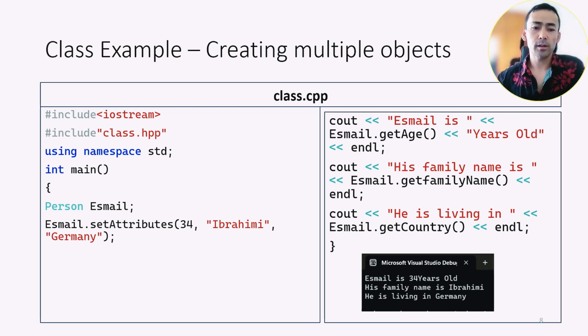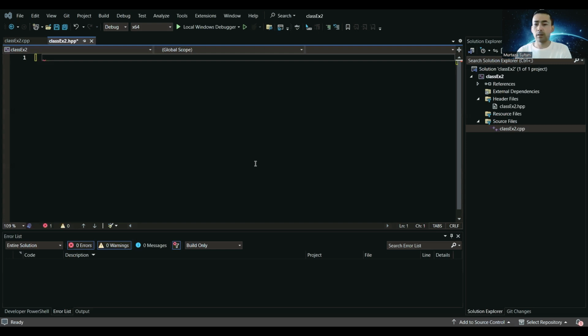So we created the class person, and we created multiple instances of that class. Previously was Ahmed, and then we could write multiple objects for the example Ismail. Okay, let's go to the second example.